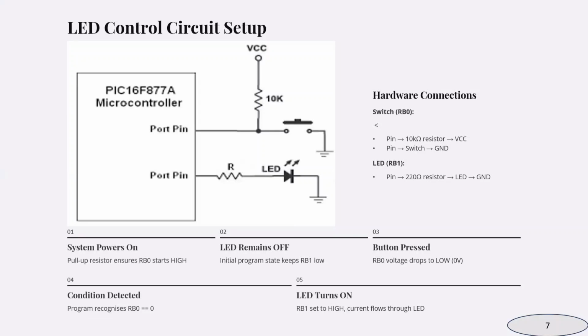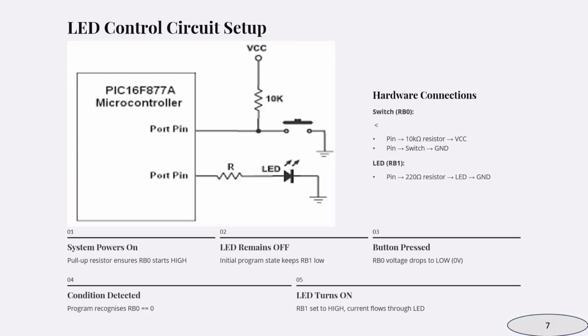So this is a circuit to control the LED using a switch and microcontroller. Clear? You can see that the switch is connected in the pull-up resistor configuration, and it is connected to port B, that is RB0.